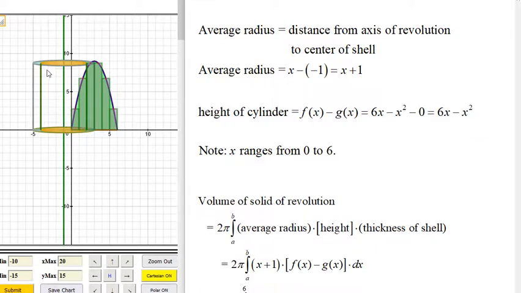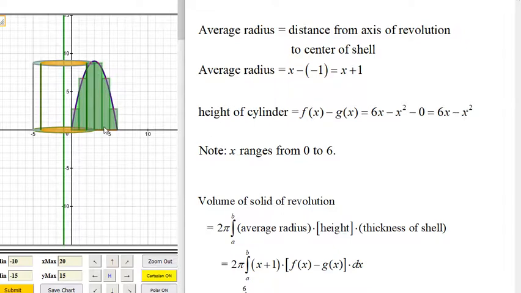And then the height of this cylinder would be just this graph minus the bottom graph. This graph is 6x minus x squared. The bottom graph is y equal to 0, so we'll end up with 6x minus x squared. And so the average radius for this is x plus 1, and the height of the cylinder is 6x minus x squared.